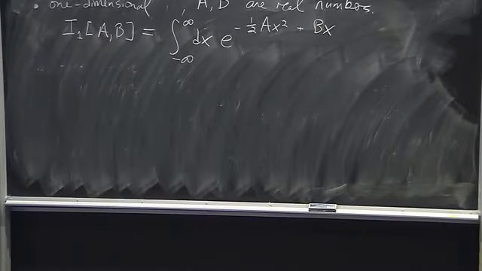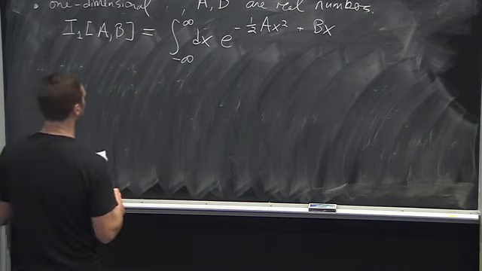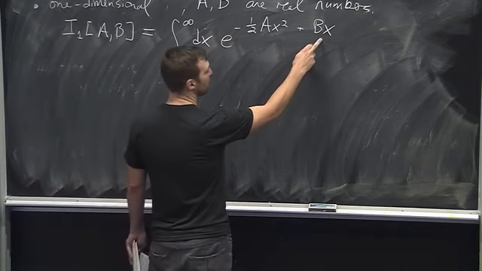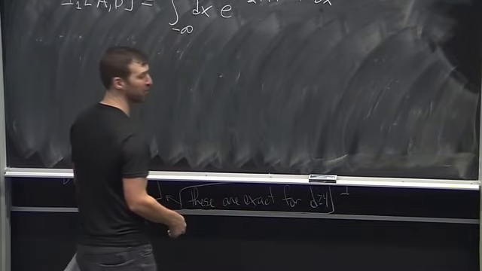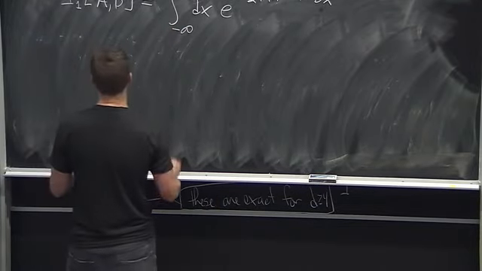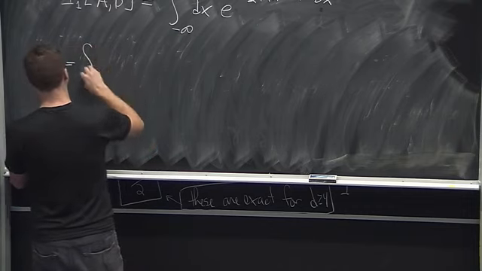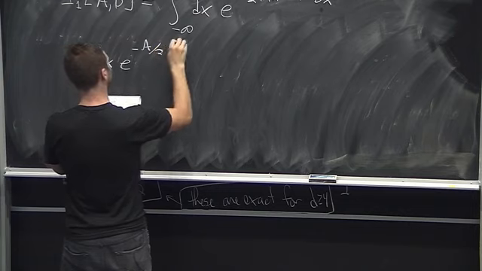You know how to solve this, presumably. But when you have this extra piece, so it's not strictly just an x squared in the argument of the exponential, there's a trick which is going to help us out in the n-dimensional case.